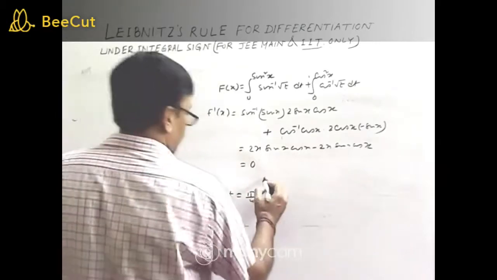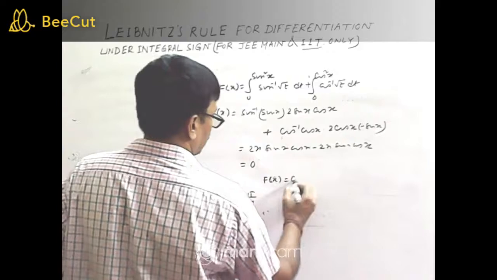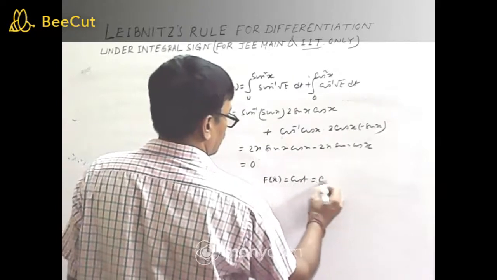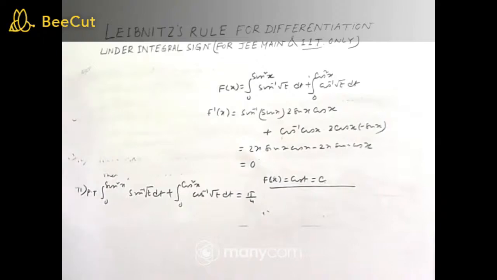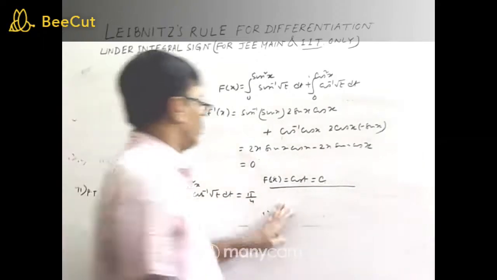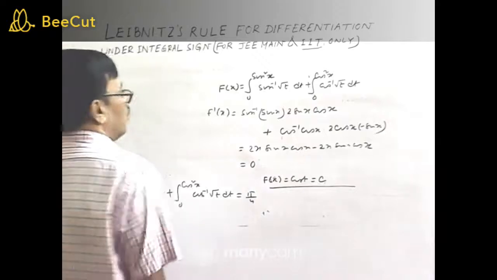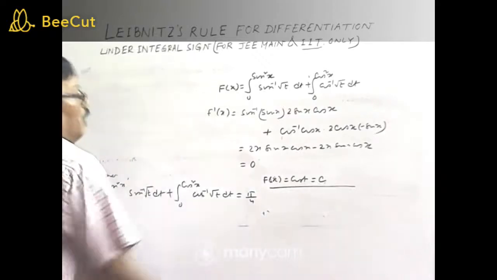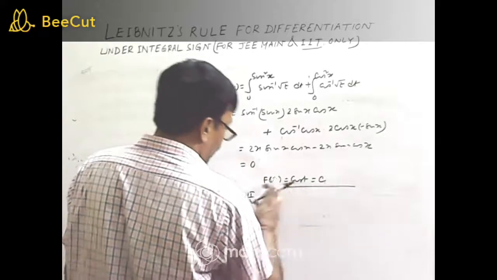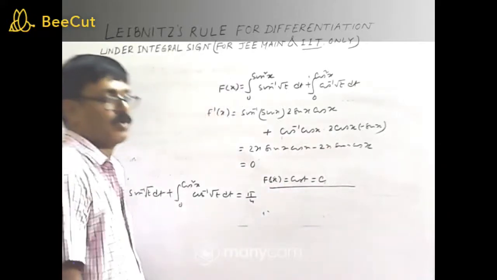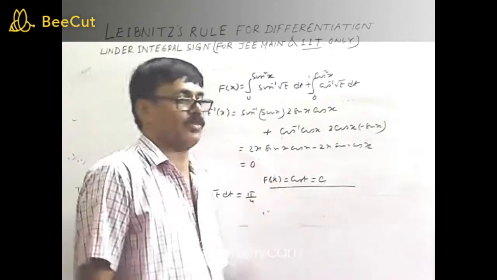So what is F(x)? F(x) equals constant equals c. Now look, if F(x) is constant, then F(1) is constant, F(2) is constant, F(5) is constant, for any value of x it is constant.